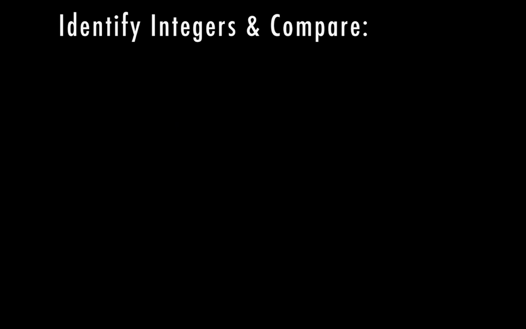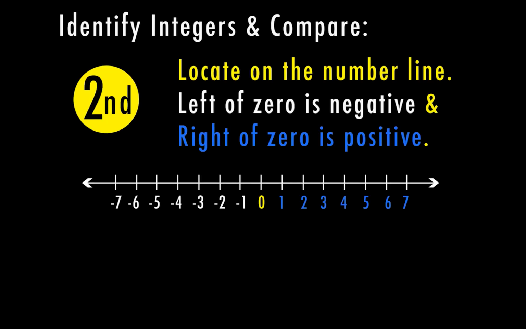For step 2, we want to locate on the number line the number that we're talking about. Left of 0 is negative, and right of 0 is positive. So let's test out a few of these numbers. So first we're going to locate the number 4. The number 4 on the number line is right here. Then we're going to locate the 0. 0 is here.